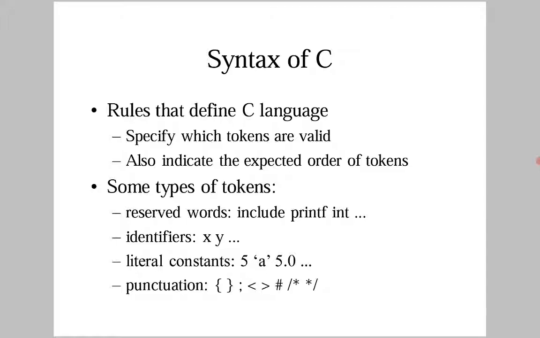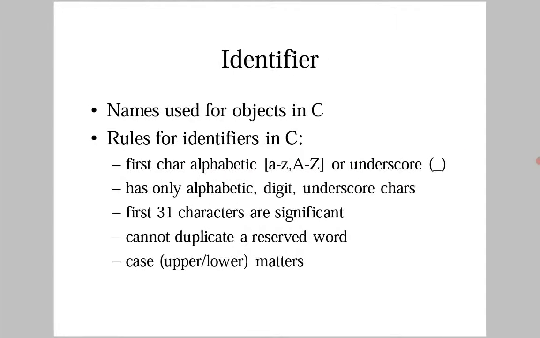Literal constants means different types of constants, like numeric constants, string constants and character constants. Punctuation means many types of symbols are used: brackets, semicolon, less than, greater than, hash and so on.